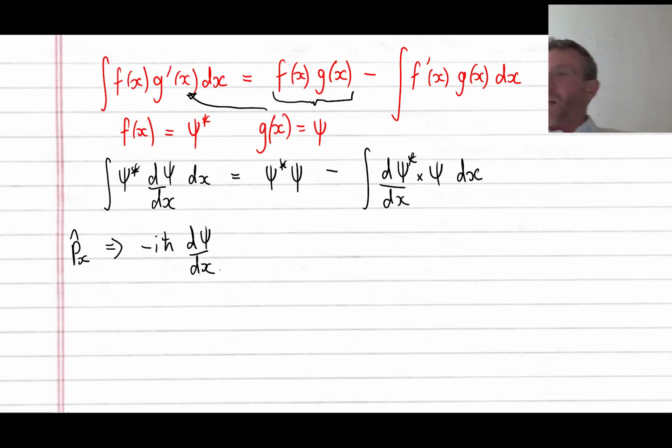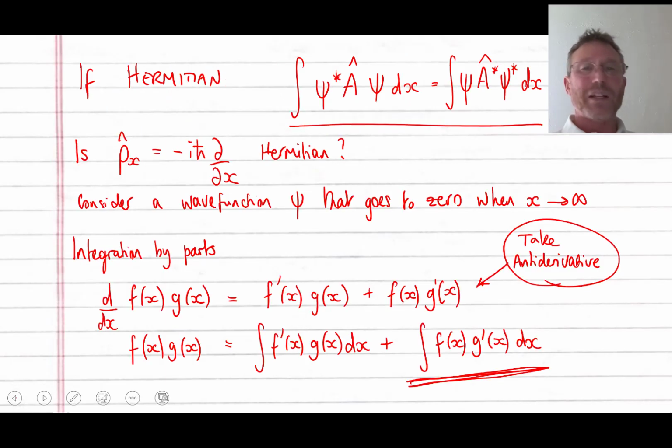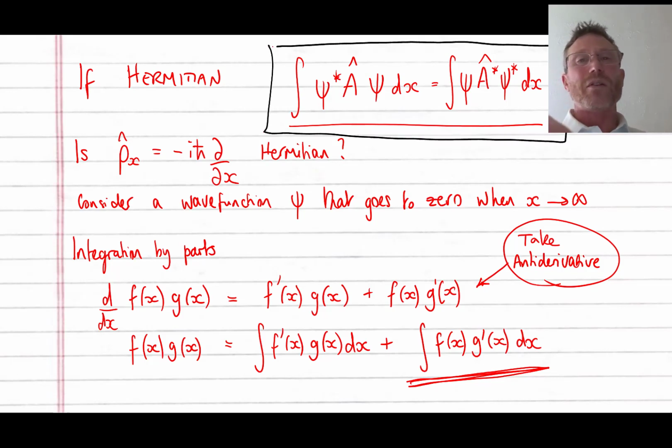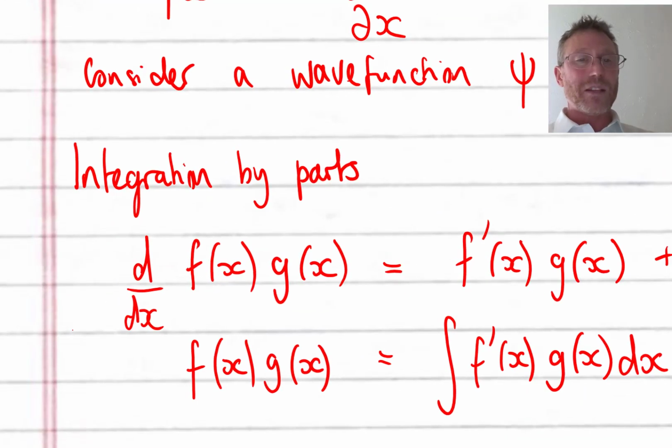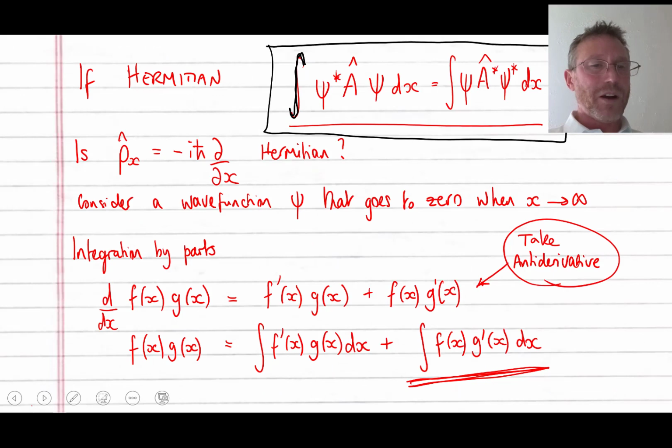And at some point, because of the Hermitian operator definition from the previous slide, by the way, let's have a quick look. Here's the operator from the previous slide. If we want to test whether something is Hermitian, we're going to end up doing these integrals. So this is why I'm doing the integration by parts.